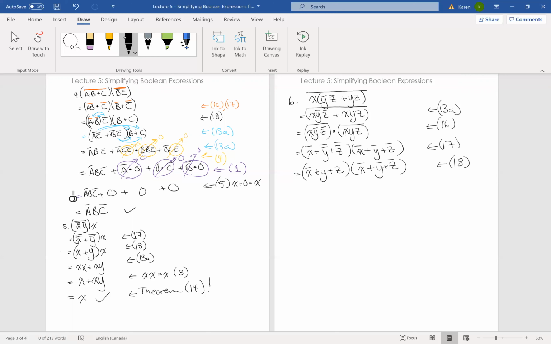And now I need to expand. That's 13a again. I'm going to expand. When I expand, I'm going to get a rather large expression.